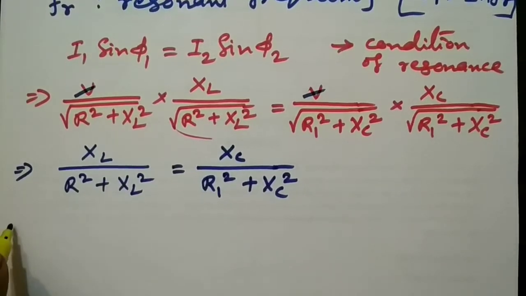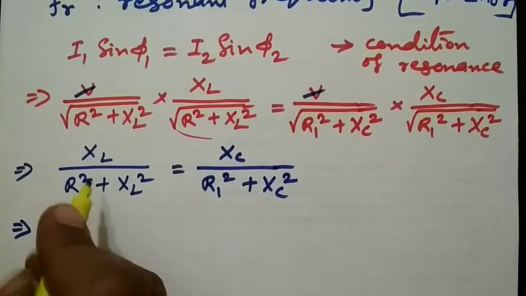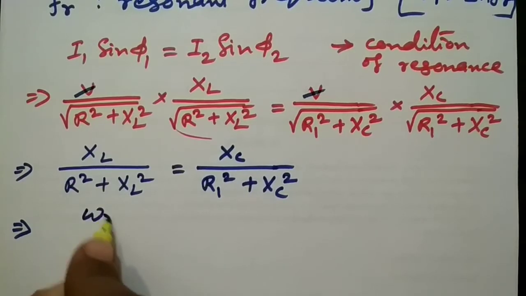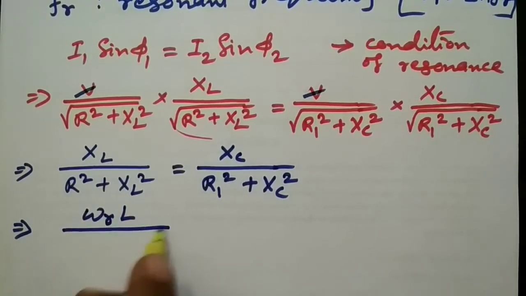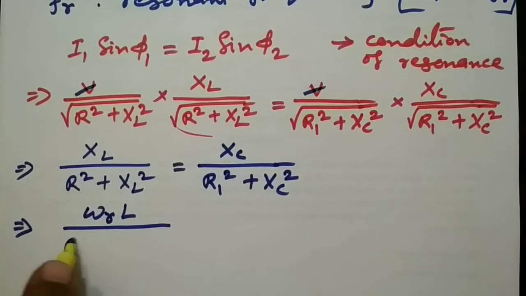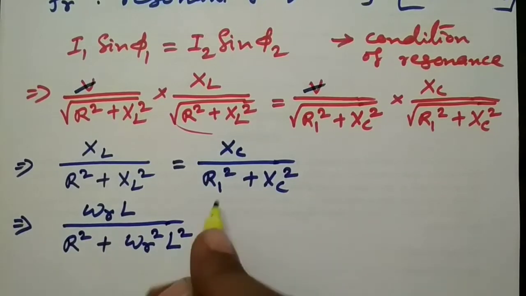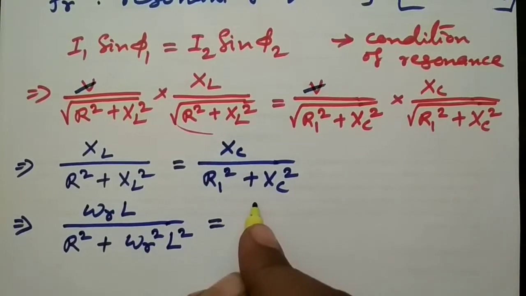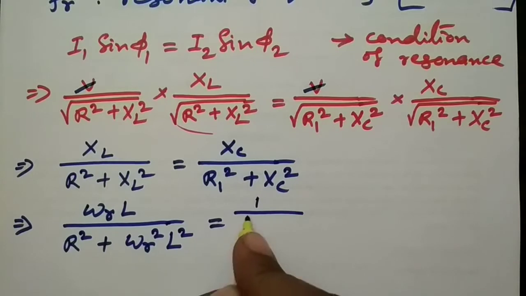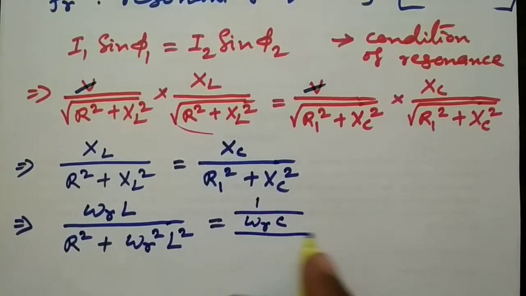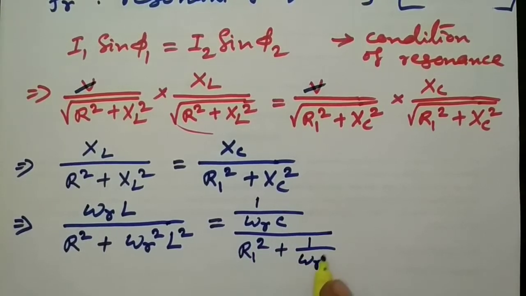Now at resonant frequency we can write XL equal to omega r into L, and it is R square plus omega r square L square, and XC can be written as 1 upon omega r C, upon R1 square plus 1 upon omega r square C square.